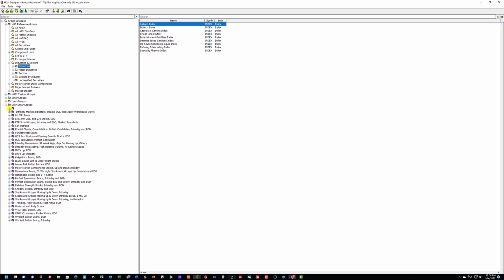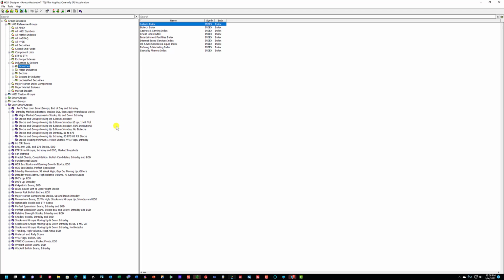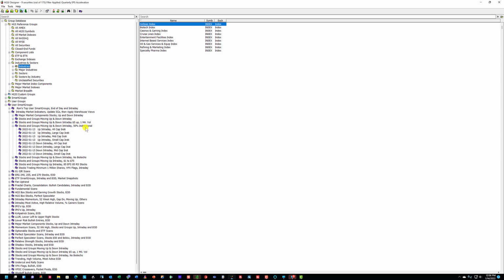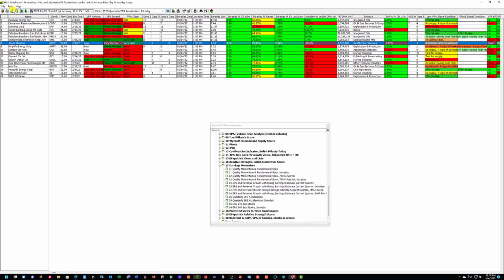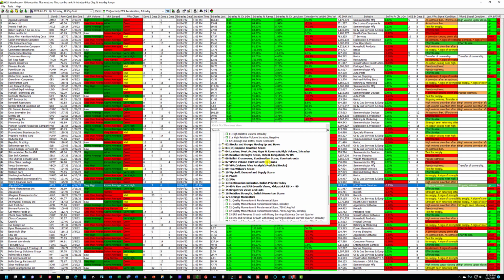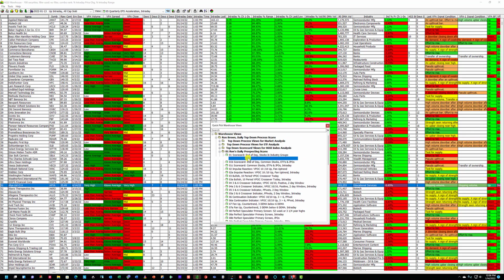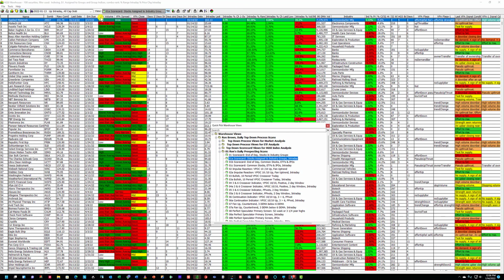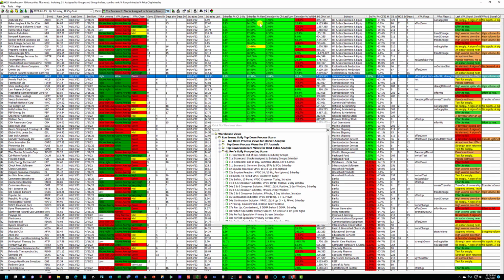Okay, so user smart groups, intraday market groups. Let's look at a different one this time. These are stocks that have at least a 50% institutional sponsorship. I have to take my filter off. I'm going to click through to here, and then I would start up here with my 1A filter.